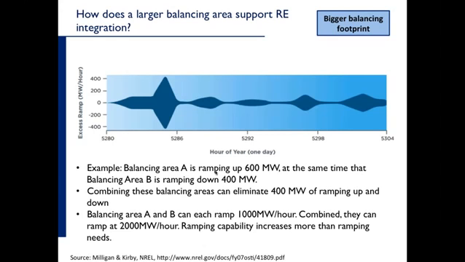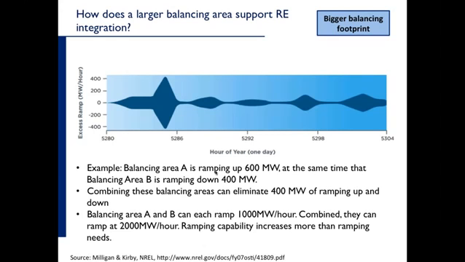But now imagine what would happen if these two balancing areas could combine. What happens to their combined ramping capability? Well, if area A is ramping up at 600 at the same time that area B is ramping down by 400, if they combine, then that new ramping requirement is an increase of 200 megawatts. And so what's happened?